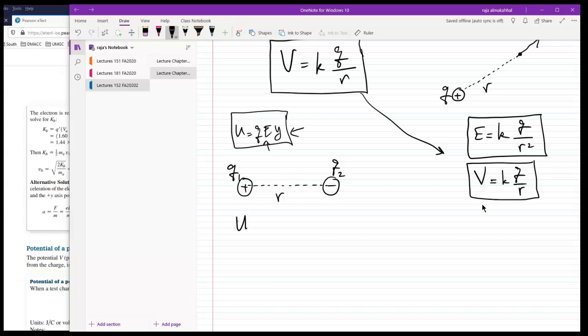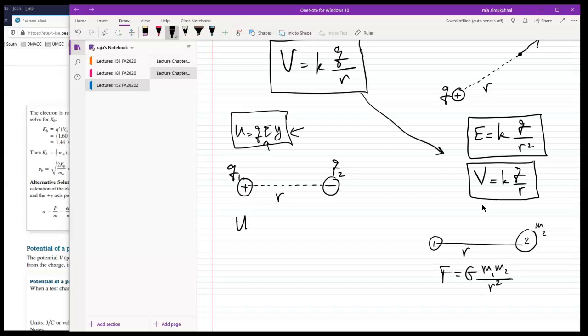Go back to physics 1. Imagine you have two masses, say the moon and the earth, for example. So mass 1 and mass 2, and they're separated by distance r. Same thing, right? Now, there will be a gravitational potential energy. Well, there is gravitational force, if you remember, G m1 m2 over r squared, right?